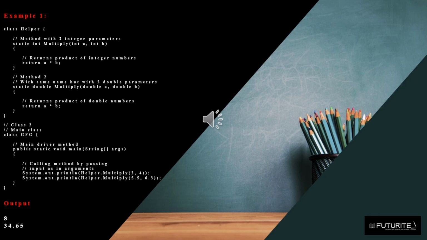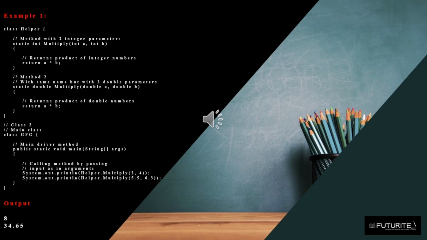Now we will understand in a better way what compile time polymorphism and method overloading are. For example, there are two classes, class Helper and class GFG. In class Helper, you can easily notice there are two methods with the same name, multiply: static int multiply and static double multiply.